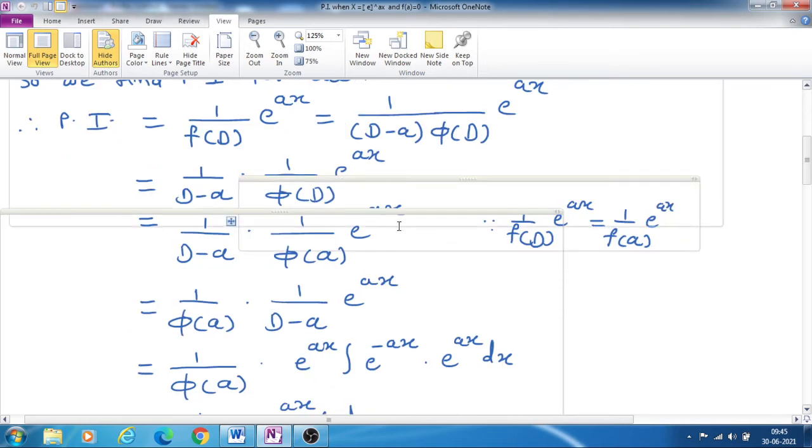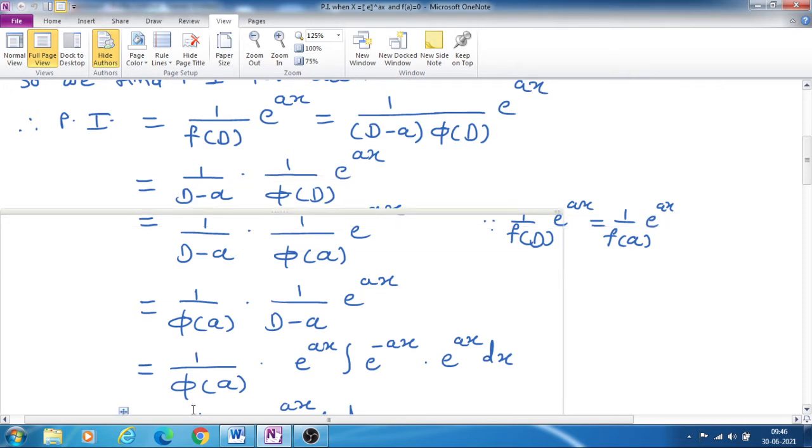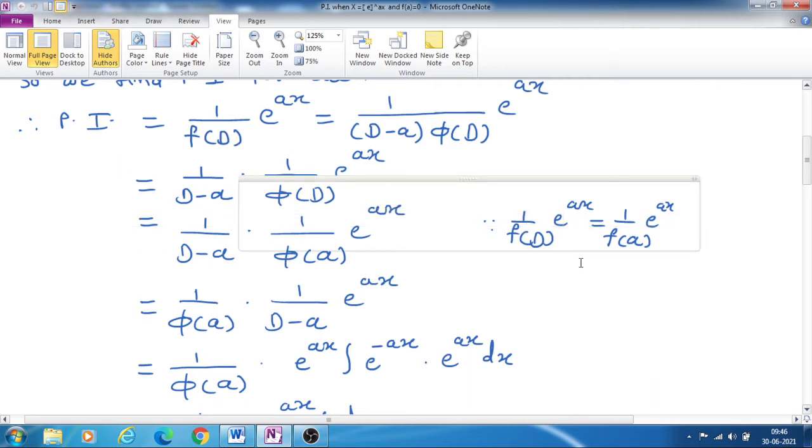Now to find the value of this, here we have a product of two factors, one D minus a and another phi of D. So first we keep 1 upon D minus a as it is, and we operate 1 upon phi(D) on e raised to ax. Therefore this is equal to 1 upon D minus a into 1 upon phi(D) e raised to ax.